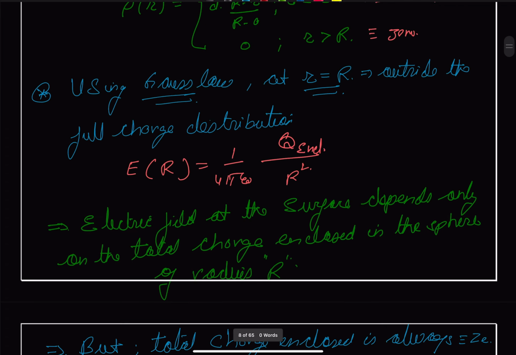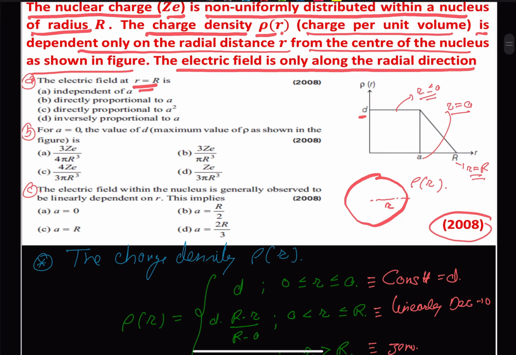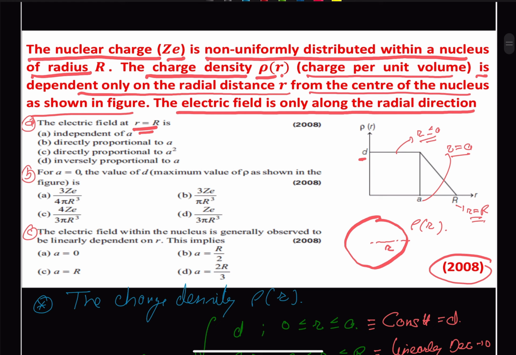Even though the charge distribution is non-uniform, it still says that the charge is always Ze for this radius R.